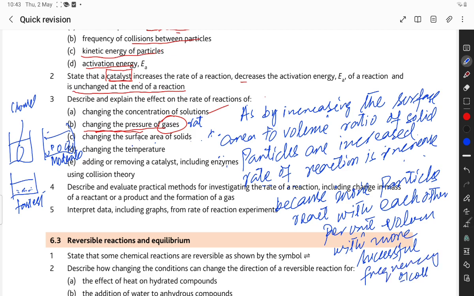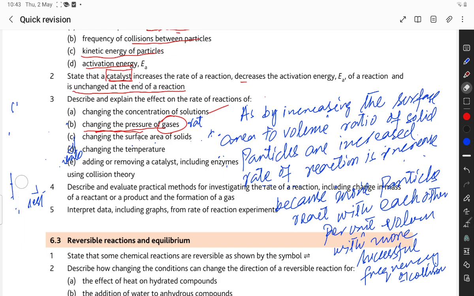So if lump is there, there is less surface area to volume ratio. If powder, this is more surface, so that's why powder is fastest, granules moderate, and lump is slower.